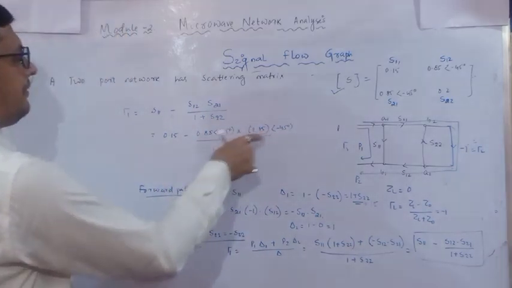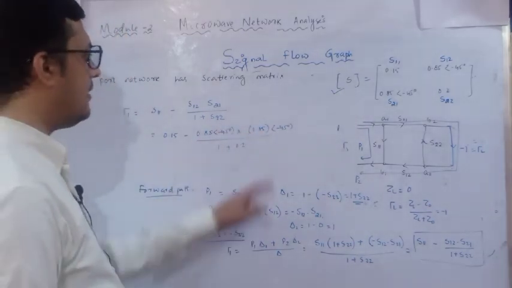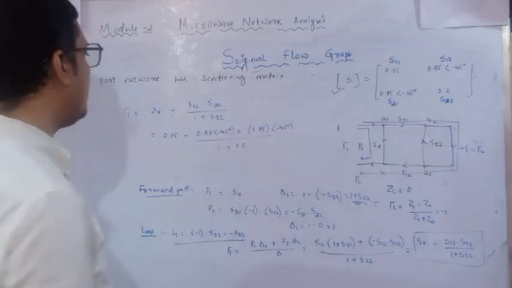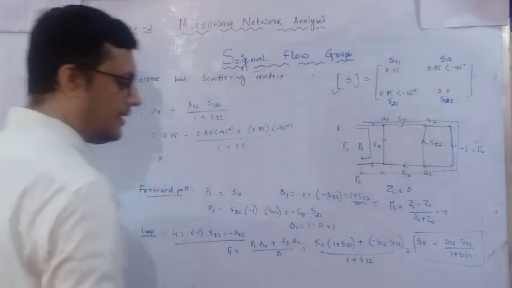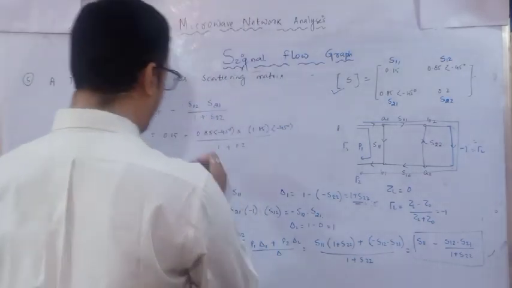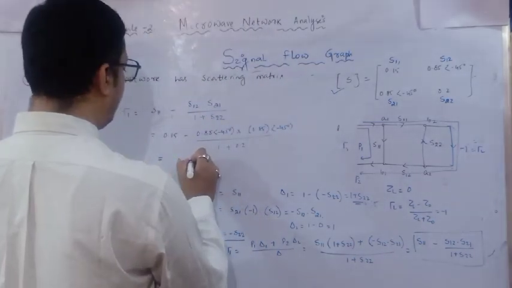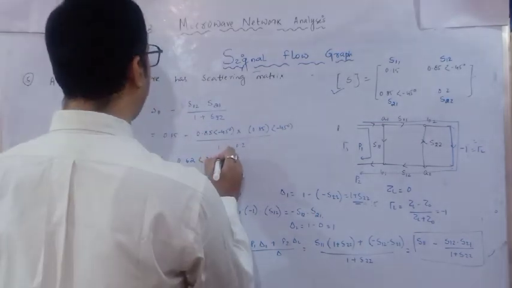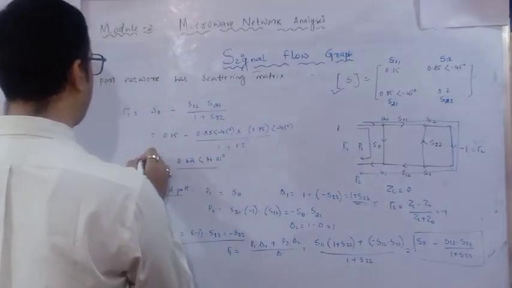So 0.85 into 0.85, calculate it, and the angles add to minus 90 degrees. When you simplify it, the reflection coefficient at port 1 comes to 0.62 angle 76.01 degrees. So this is eta 1.